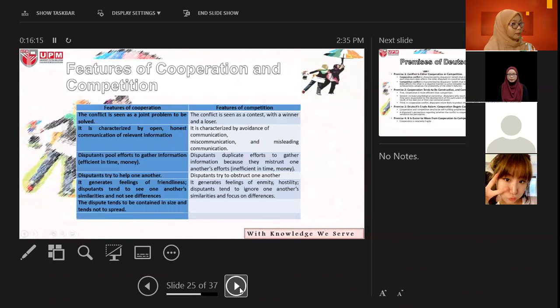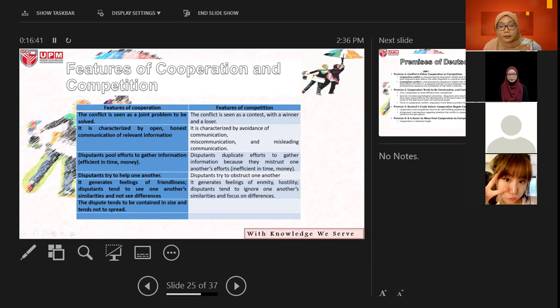Okay, next one. Features of cooperation and competition. Okay, in cooperation, the conflict is seen as a joint problem to be solved. Meaning that both parties see the issue, the object, the content of the conflict as something that must be resolved together. It is not the problem of only one party.